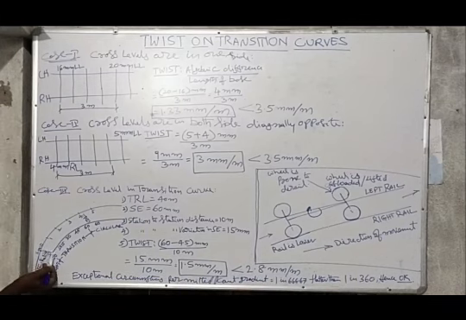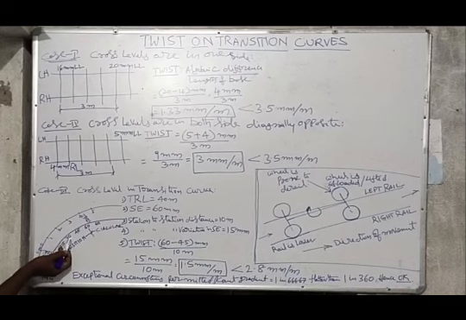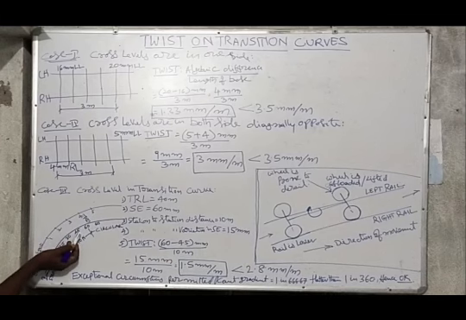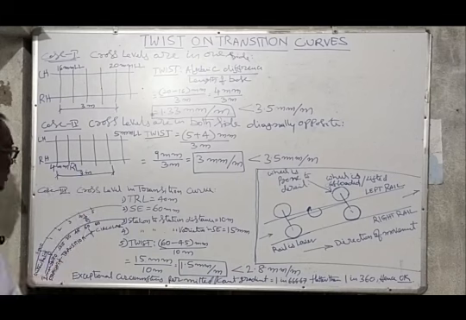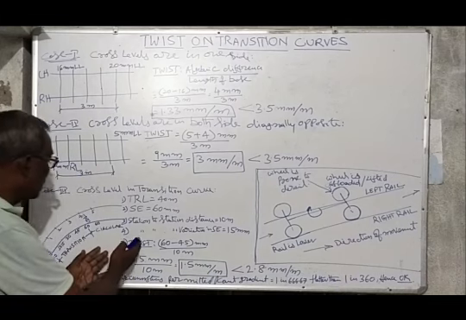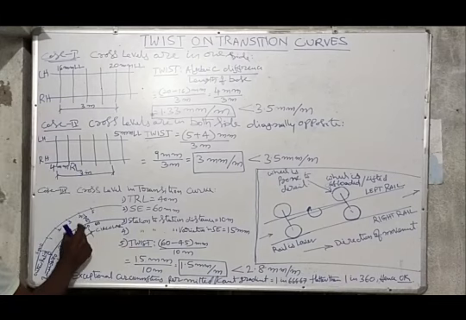So here, station 0, superelevation 0, station 1, superelevation 15, station number 2, superelevation 30, station number 3, 45, station number 4, 60, and so on 60. Then, what is the twist here? I have selected station number 3 and 4.